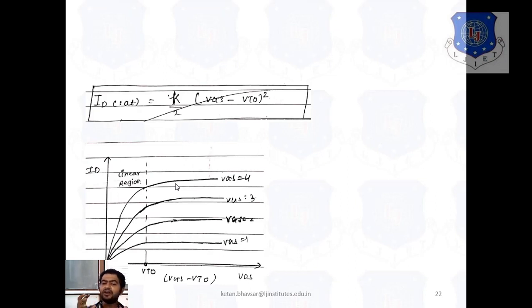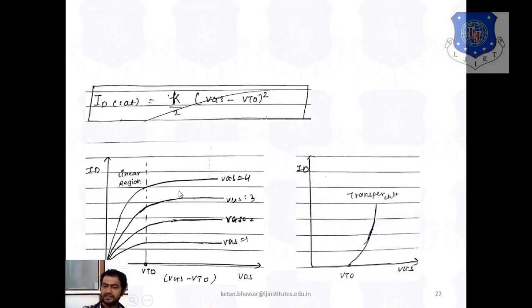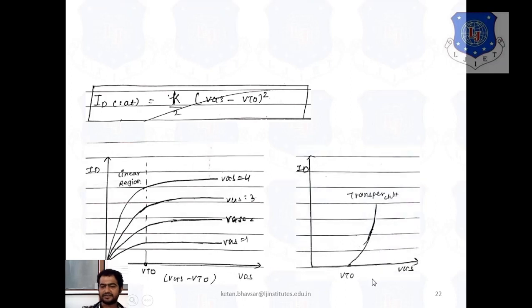It plays a main role when we talk about the current and voltage characteristics. Based on this characteristic, we can see the threshold limit for a particular VGS value, and the current will increase, but after some time it will break at a particular point. It will look like this in the transfer characteristics of ID versus VGS.